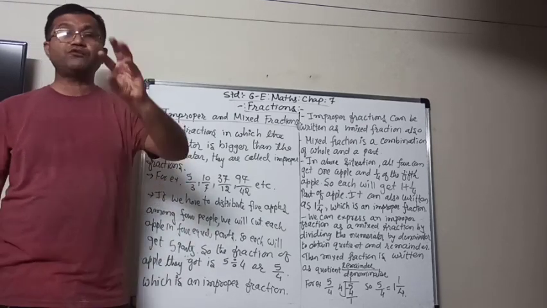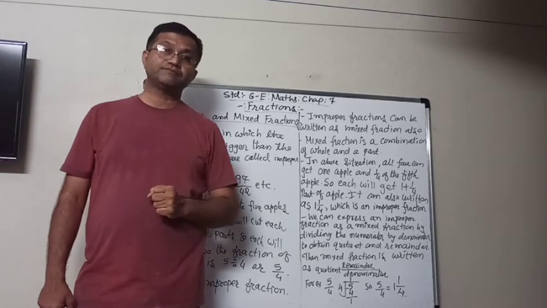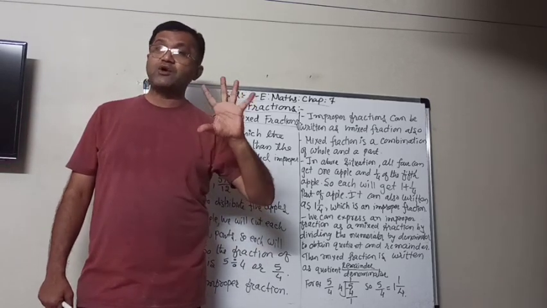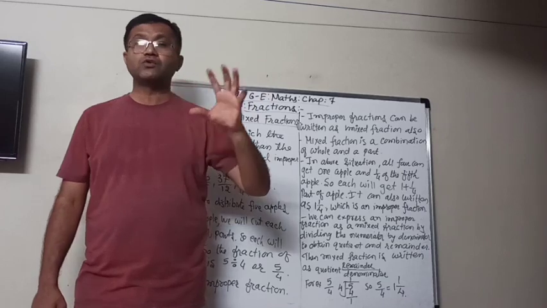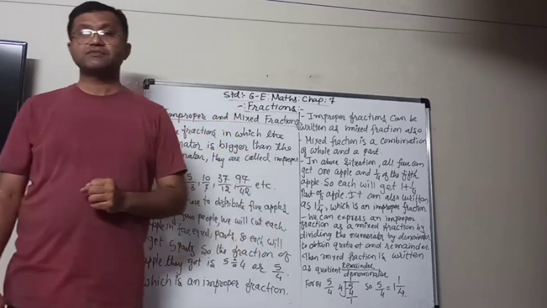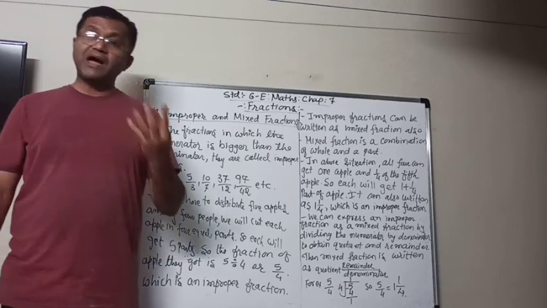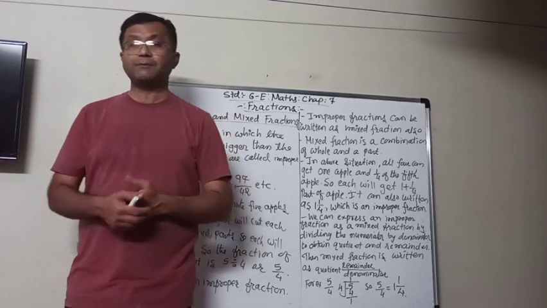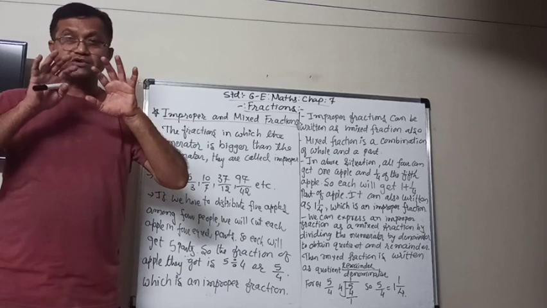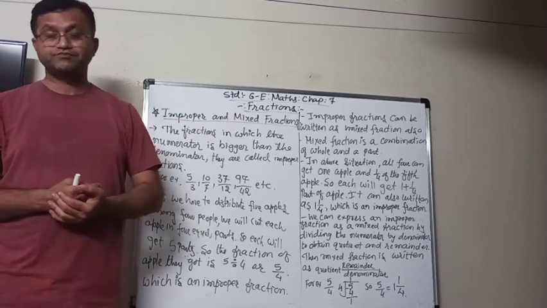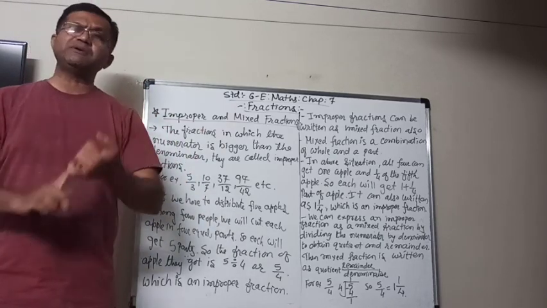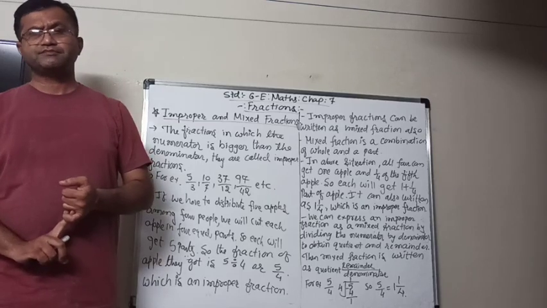Now, when can we come across this type of improper fraction? Suppose we have 5 apples, and we have to distribute those 5 apples among 4 people. How can we distribute them? We have to distribute them equally. There can be two situations.